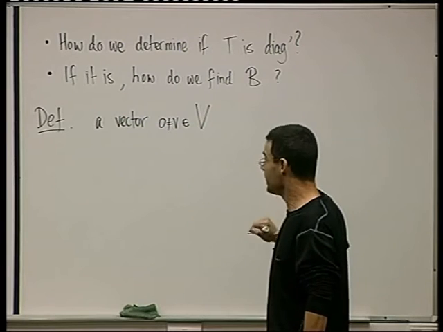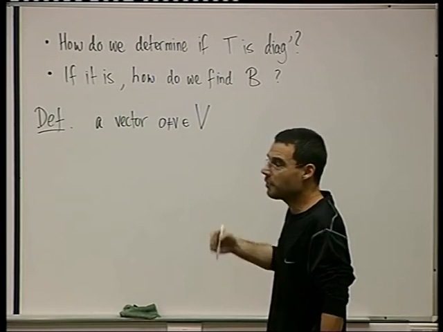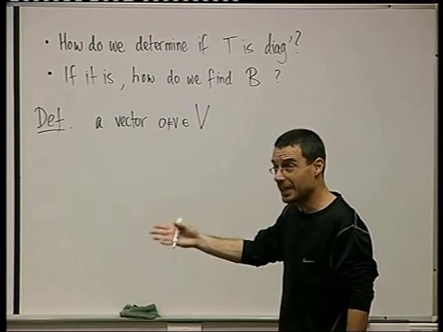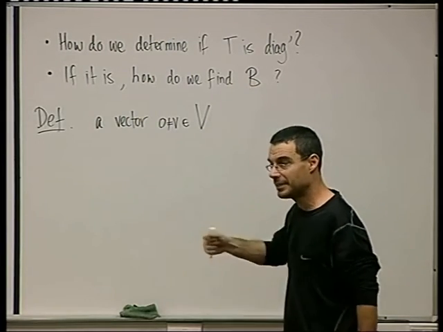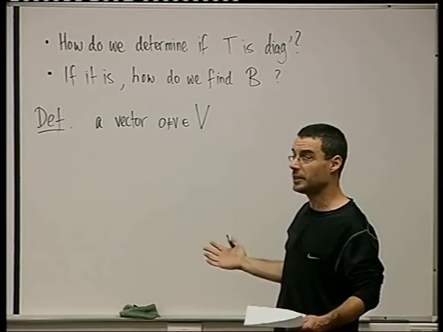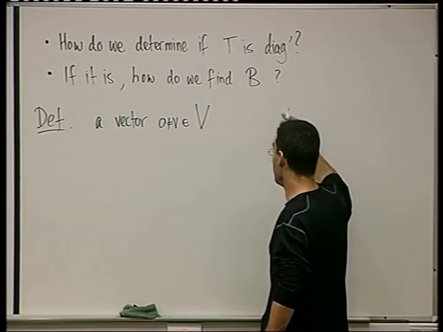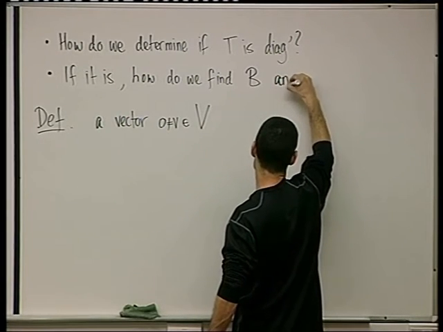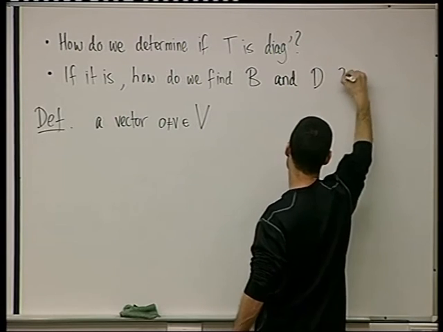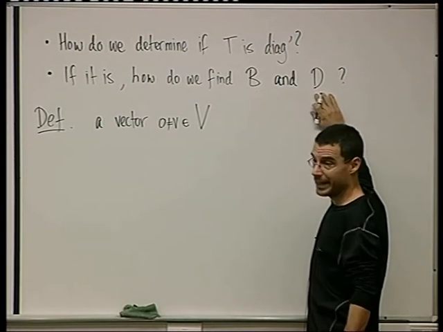So how do we find B? We're going to find D, the diagonal form, by finding B. In fact, we find both of them simultaneously. So how do we find B and D? The basis and the diagonal form.